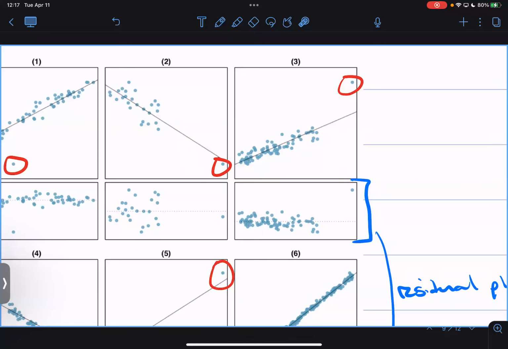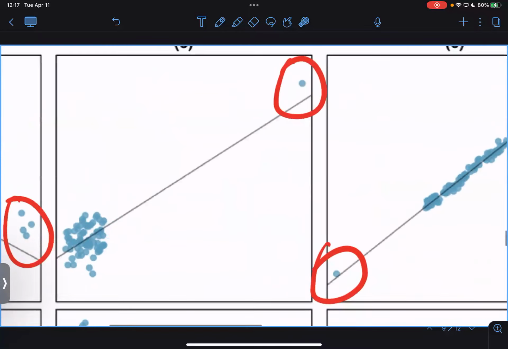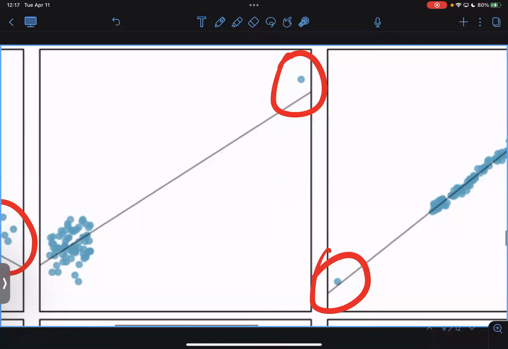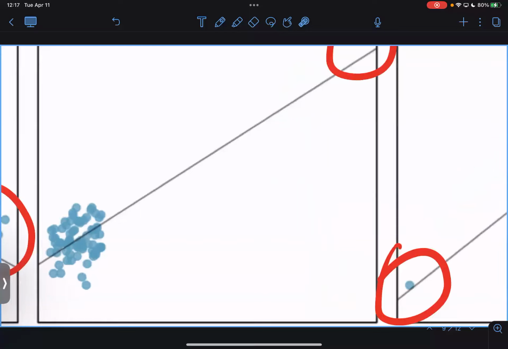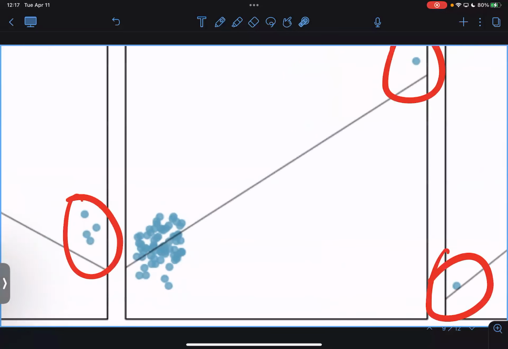If it makes a huge change, like if we zoom in here to this guy and just cover up this outlier and focus on this cloud here, is there any particular reason why the line would be so strong and so positive here? This just looks like a cloud to me.